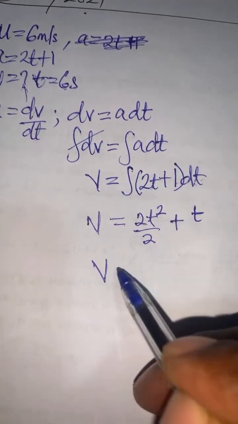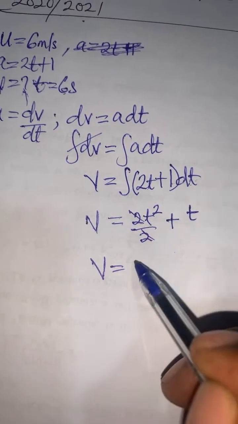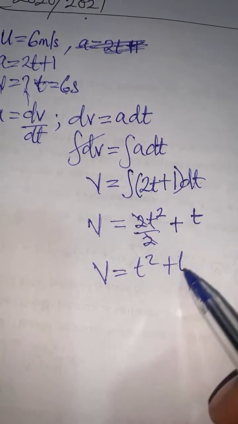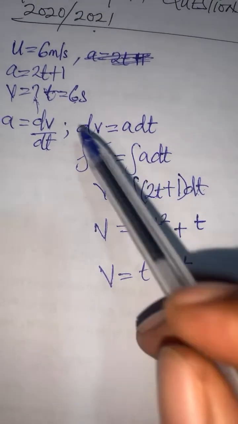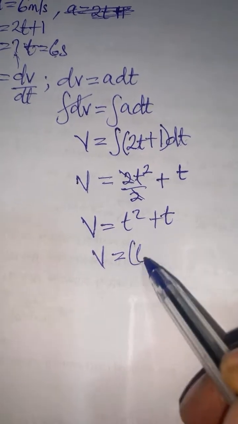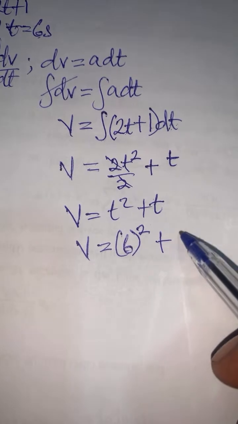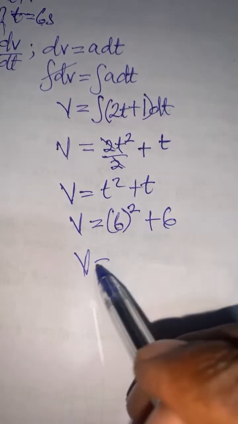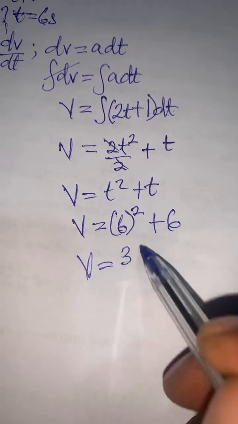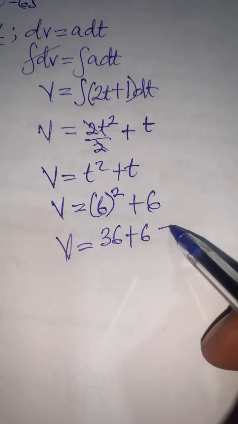So you have v equal to, remember that this 2 will cancel out with this 2, t squared plus t. So after 6 seconds, this becomes 6 squared plus 6. Please bring your calculator out. I'm aware that 6 squared is 36, plus 6. What will be the result of this?